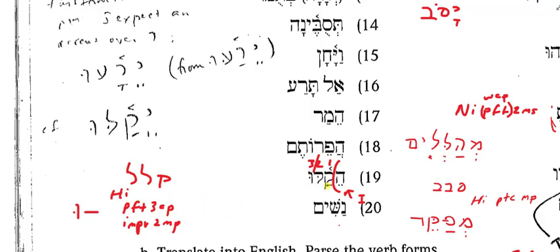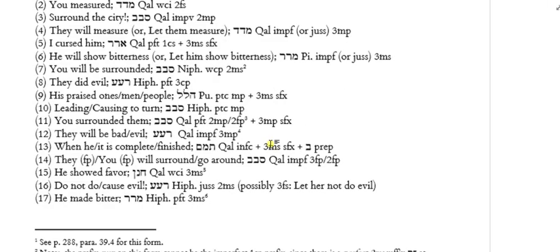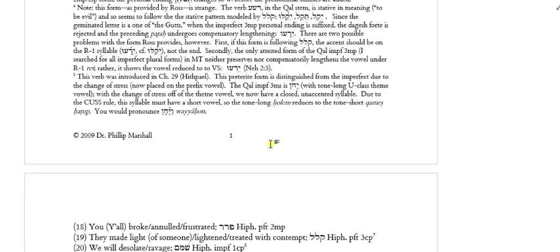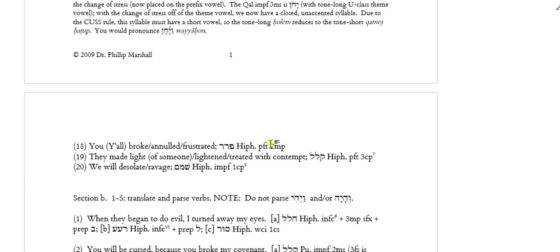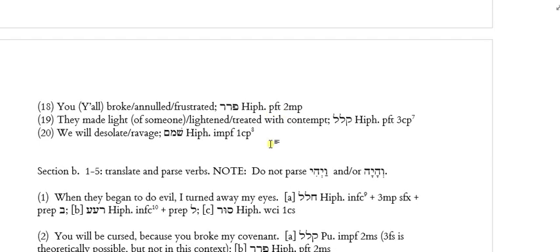Yeah, so did I not have that in my answer key? What did I do? My answer key might be mistaken. Let's see, what number was this? Number 19. I put Cal Perfect 3CP. Maybe you were looking there.